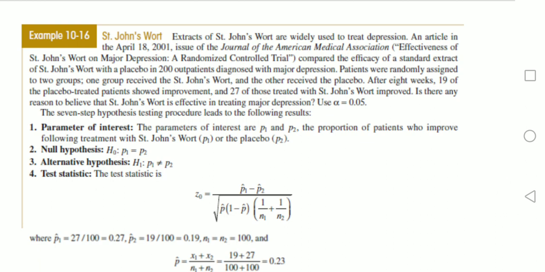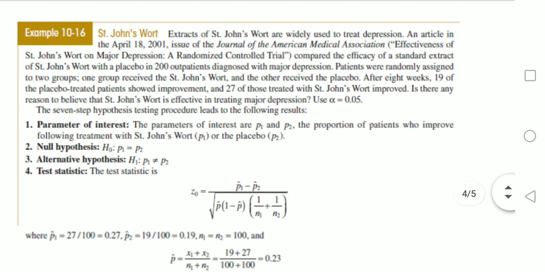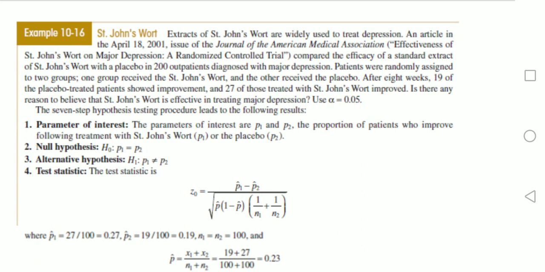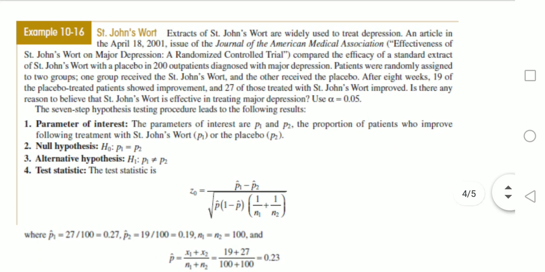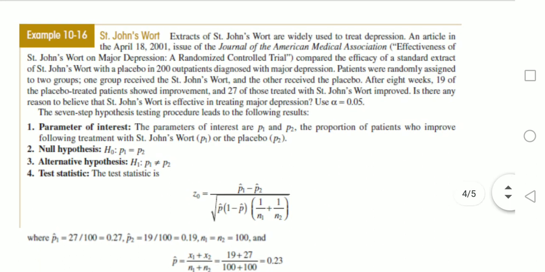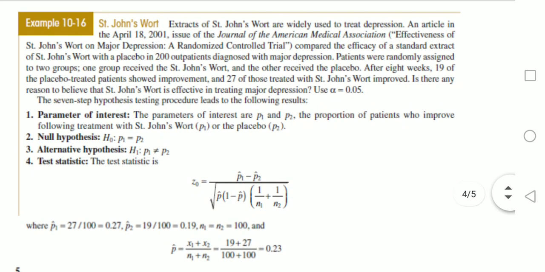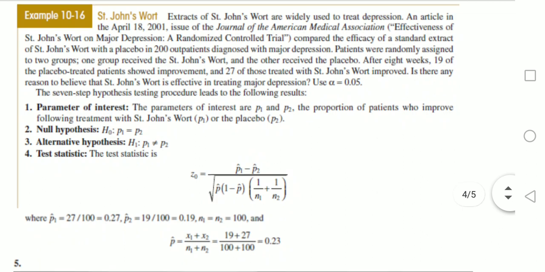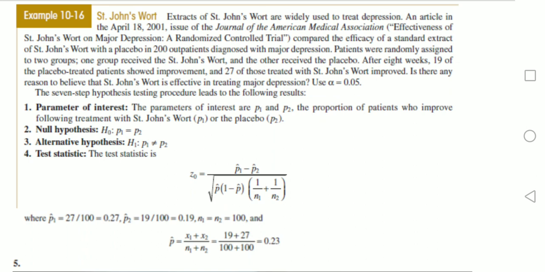The parameter of interest is the difference in proportions. For the null hypothesis, we assume there is no difference, both treat equally. So the null hypothesis is P1 equal to P2, and the alternative hypothesis is that there is some improvement, that is, they are not equal. We don't know who is best.